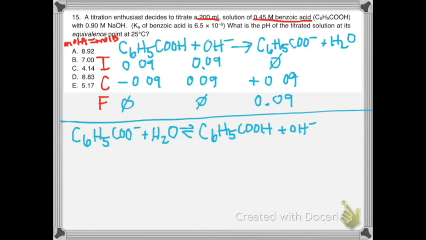Okay, and now we have a link to pH because we have something that results in hydroxide.